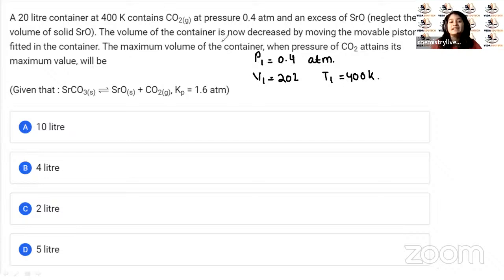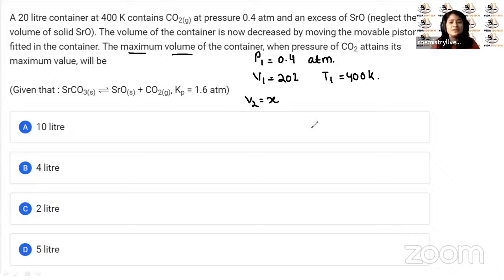The volume of the container is now slowly decreased, so some volume has changed here. So V2. And we are asked the maximum volume when the pressure attains maximum value. So V2 is the question mark, V2 is asked here.